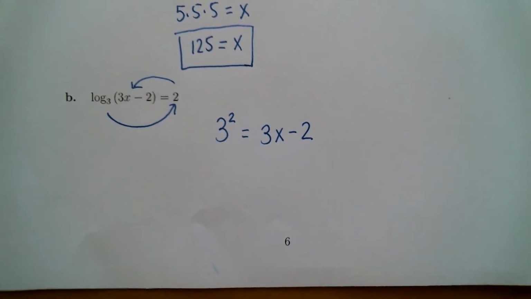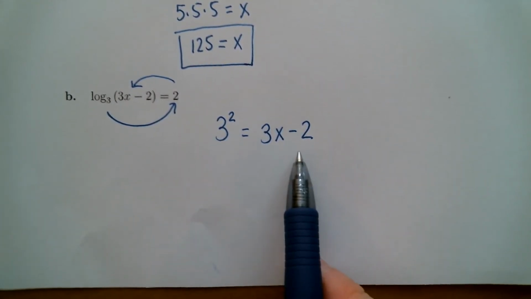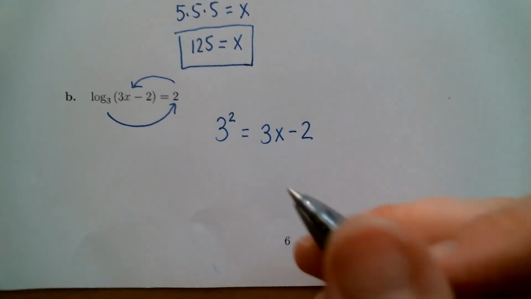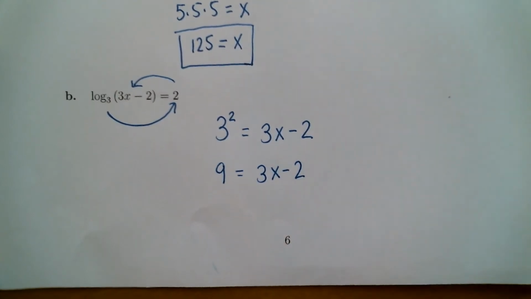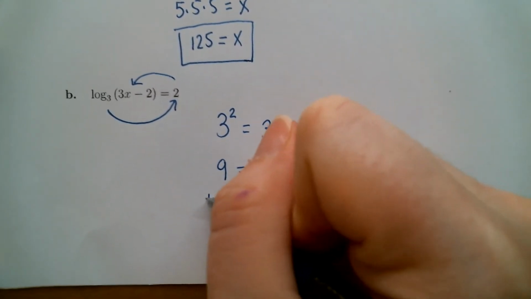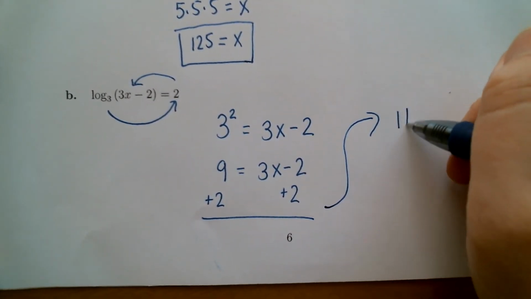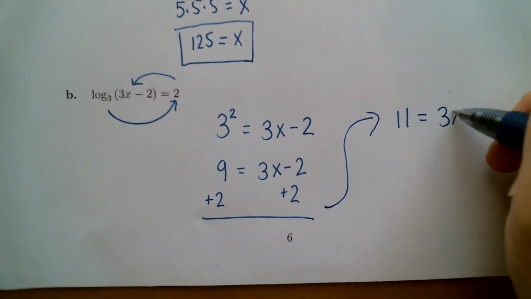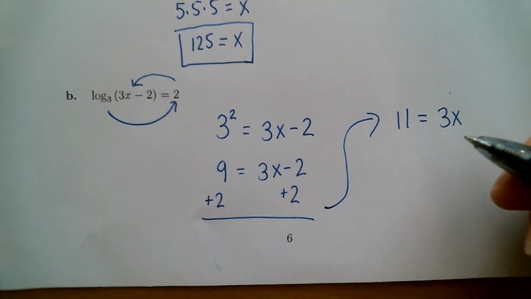And now this equation is easy to solve. We got rid of the logarithm. 3 squared is 9 equals 3x minus 2. Then isolate x, so add 2 to both sides. We're going to get 11 is equal to 3x. Divide both sides by 3.